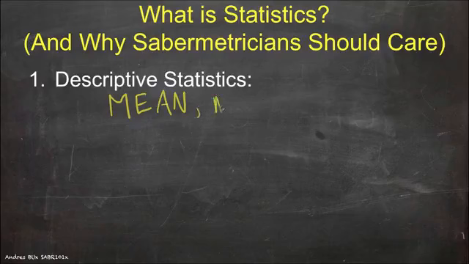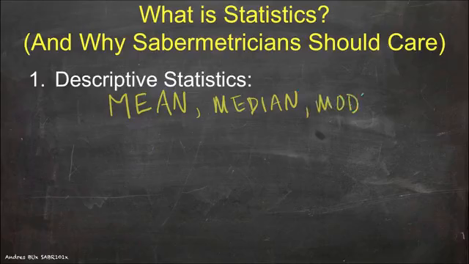There's also the concept of the median of a set of data. There's also the mode, and we'll describe all of these in a future module when we talk about descriptive statistics. These three things are measures of central tendency, and we'll go over those.